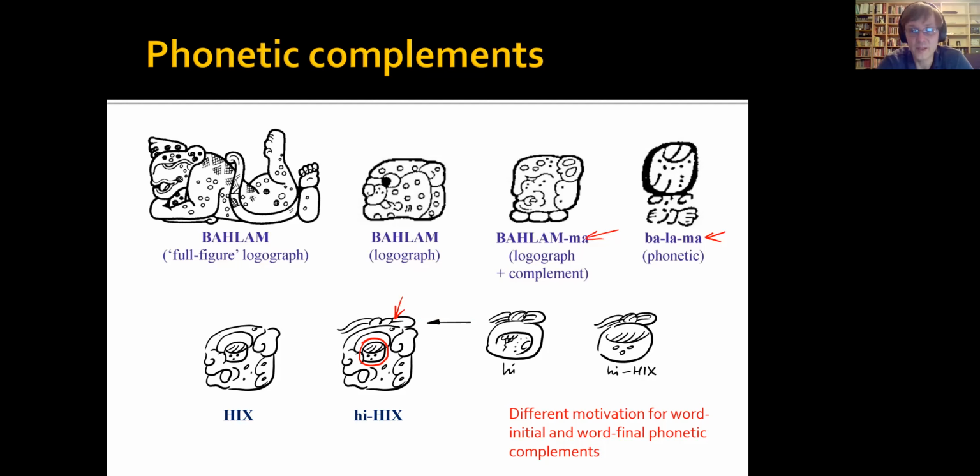Now, why is that happening? Well, it turns out that particular sound begins to drop. So instead of saying hish, people start saying ish. And the word ish also means woman, or generally a prefix indicating female gender.